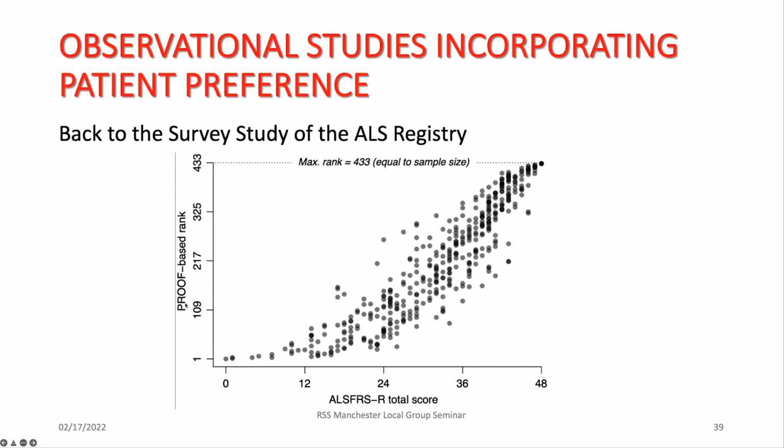I need to say what proof means. It's the patient preferred outcome. Patients prefer the order of the functional scale, okay? That's how we call it proof. And so you can see it's not linear, right? There's some curvature here, which means the rankings really reflect differently than the total score itself.